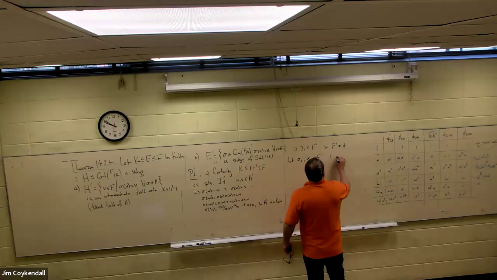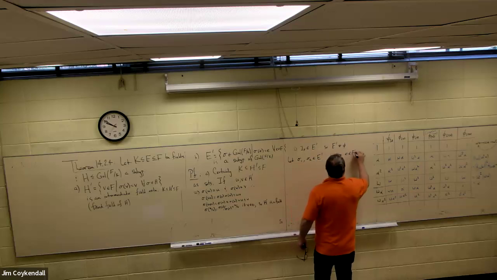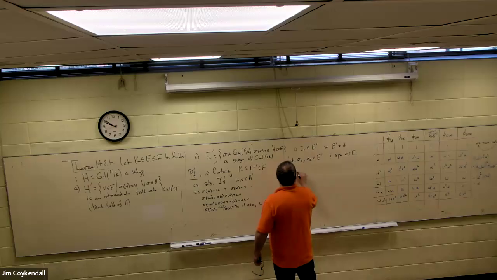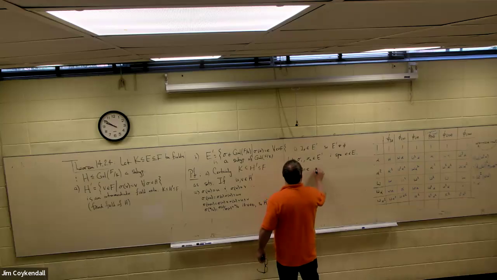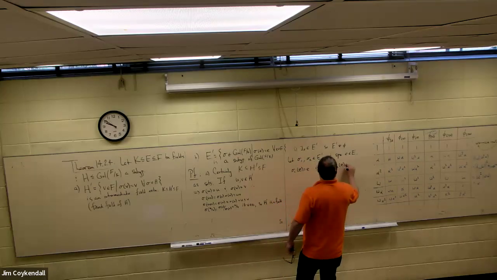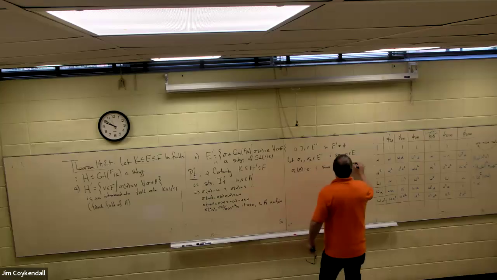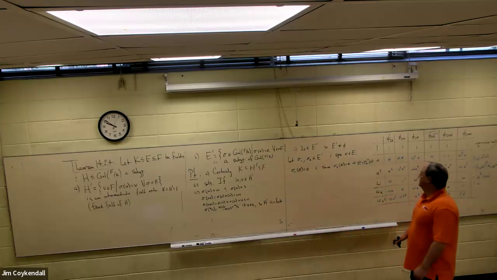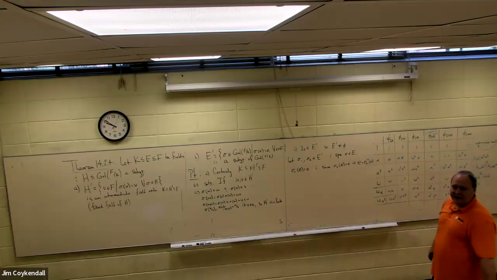And suppose E is in E. Notice that sigma 1 of E equals E. And since sigma 2 of E equals E, this implies E equals sigma 2 inverse of E, because again, it's an automorphism.